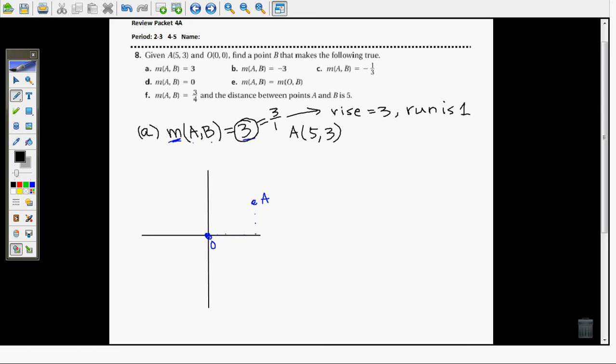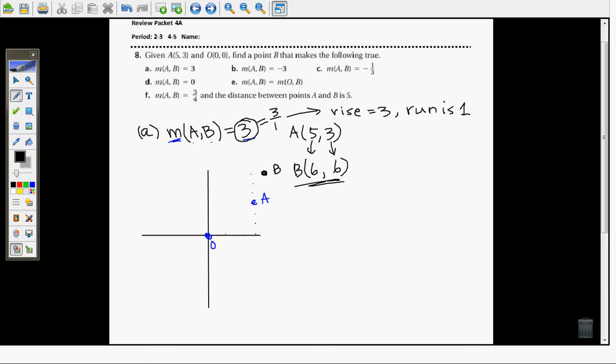Therefore, I'm just going to go up 3 from A, 1, 2, 3, and 1 over, and that's going to be our B. I add 3 because I went up 3 from 3, so that should be 6. And I add 1 to 5 because the run was 1. So the coordinate of B will be 6, 6.